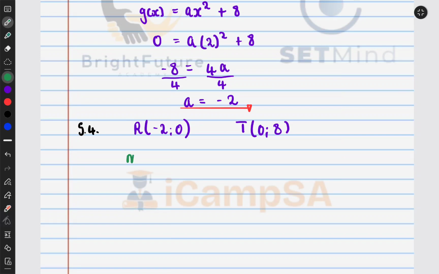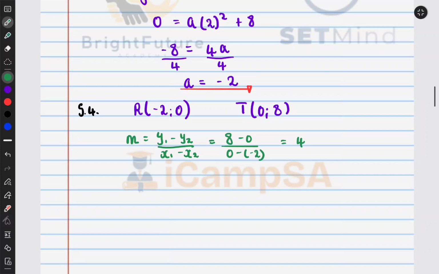Start by calculating the gradient, the value of m: the difference of the heights over the difference of the run, (y1 - y2) over (x1 - x2). Let's take T as our y1. This is equal to (8 - 0) over (0 - (-2)). 8 divided by 2 is going to be 4.